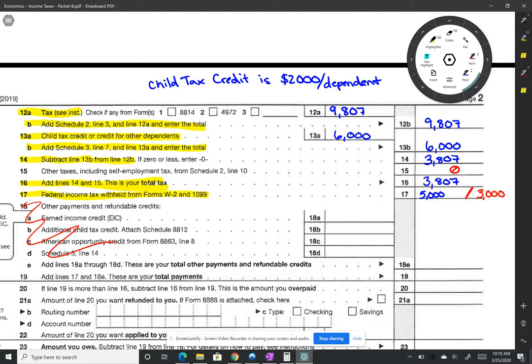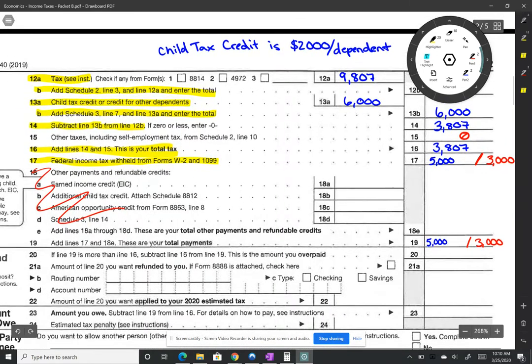So we're looking at 5,000 in one scenario, and then 3,000 in the other scenario. If line 19 is more than line 16, subtract, so I'll highlight which ones I'm reading. If line 19 is more than line 16, subtract line 16 from line 19. This is the amount that you overpaid.